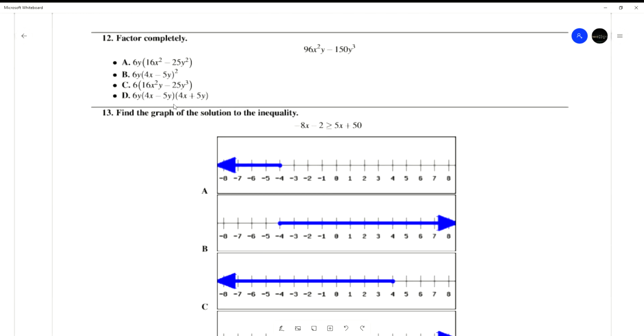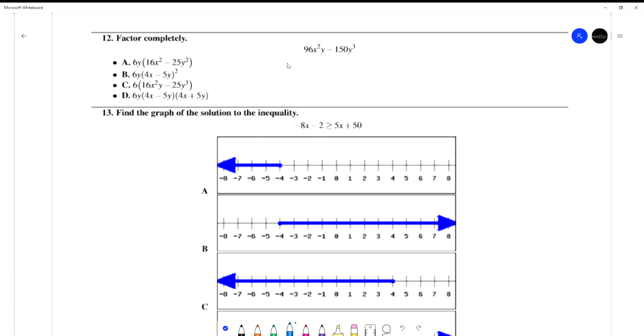All right, we have to factor completely here. Remember, these problems often lead to a difference of squares, okay? So if you see something squared minus a different thing squared, that's your difference of squares, okay? So since there are two terms, and I see there's actually a GCF here, right? So GCF for 96 and 50 gives me 6.